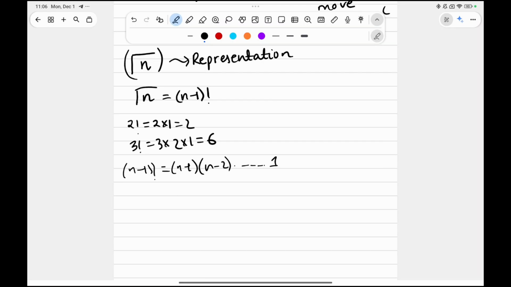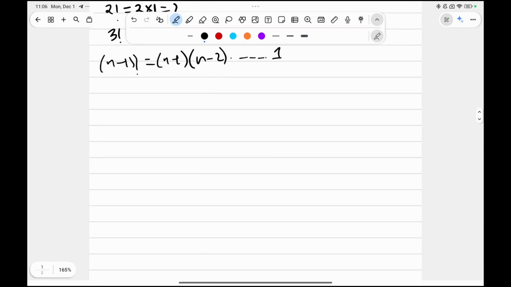Now we want to know how we use the gamma function in integration. We must have seen questions like the integral from 0 to infinity of x to the power n minus 1 times e to the power minus x dx. This is the general form of the gamma function, and it is equal to gamma of n.